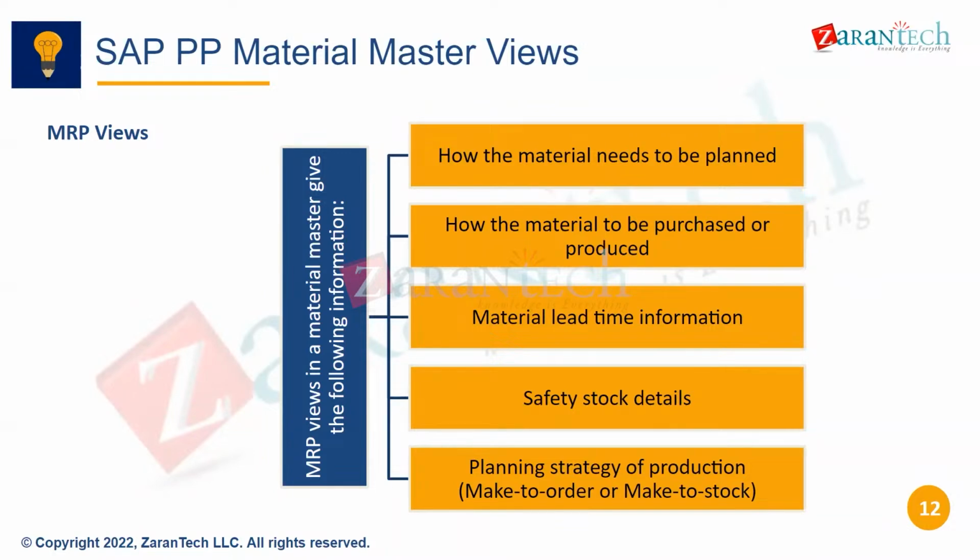MRP is a base. There are so many other planning tools extended on this, like APO with its constraints. But the bottom line is that what we are trying to do is ensure that the customer gets the delivery on time. That is the only final objective.